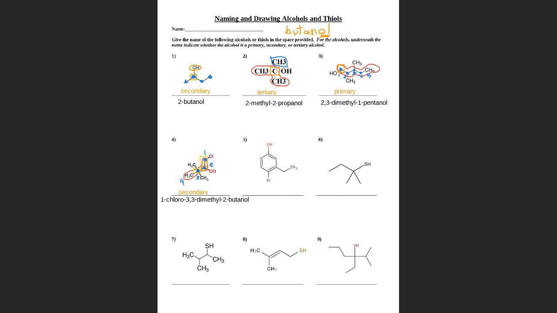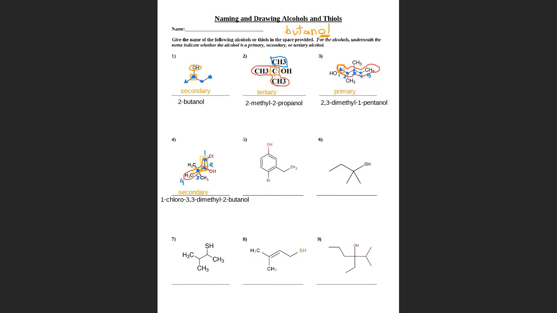Now, I do want to do number 5 with you, because number 5 is an interesting one. Basically, when you have alternating double and single bonds in a ring like that, it's called benzene. It's a very special and very stable organic molecule.